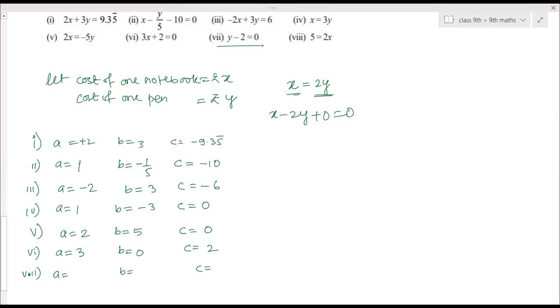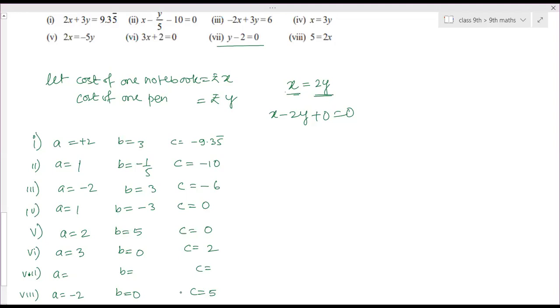This is the equation, no? Ma'am, you asked me the eighth one. Okay, fine. Eighth one, tell me. A is equal to -2, B is equal to 0 and C is equal to 5. Fine. So you can make it reverse also. A is +2 and C is -5. Not a problem.